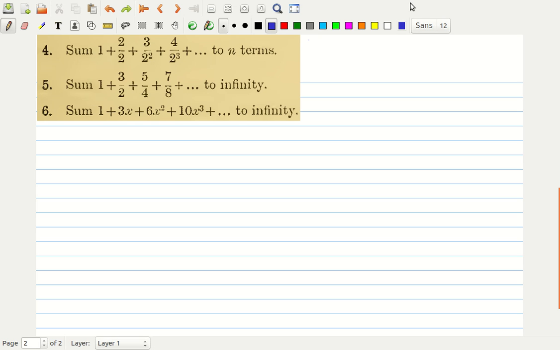Okay, let us look at problem number 4, 5 and 6 from chapter 5b of Hall and Knight higher algebra. Problem number 4 is we have to sum this series.